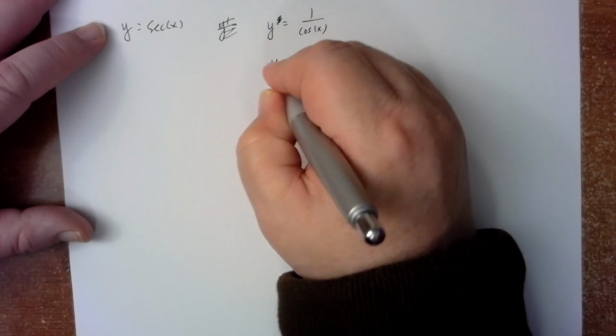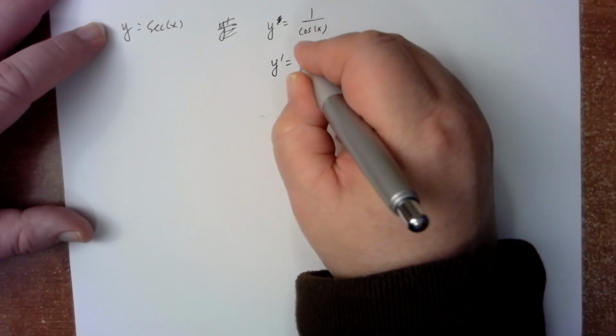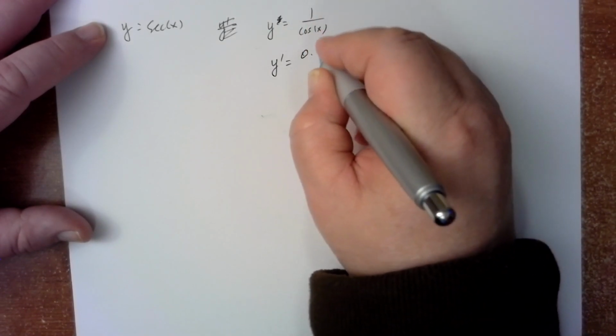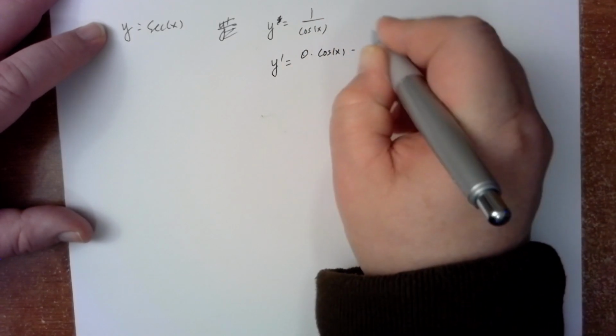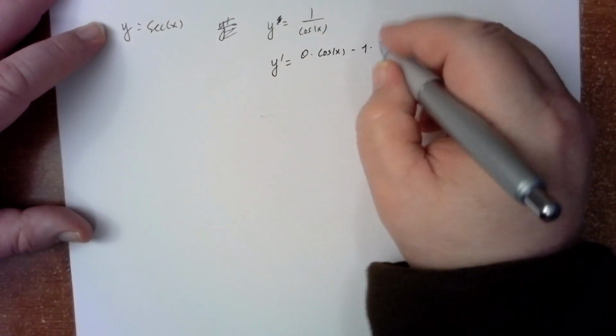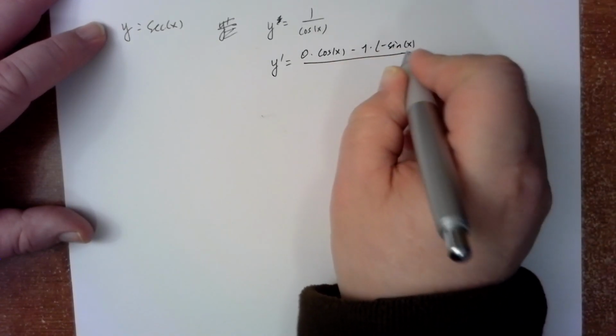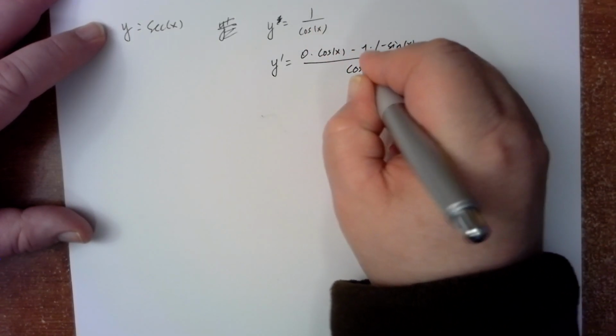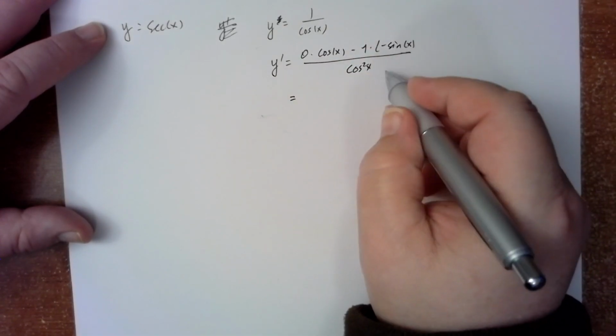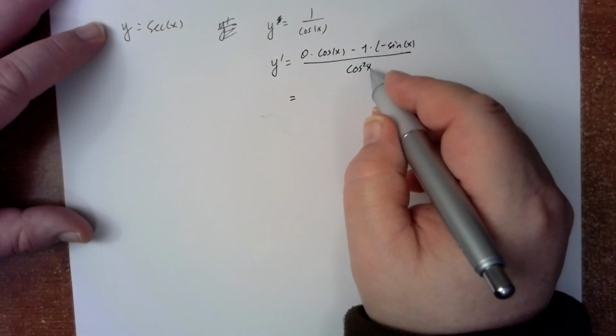And now we can take y prime. Derivative of the top is 0. Bottom function is cosine of x, minus 1 times the derivative of the bottom, which would be minus the sine of x, all divided by cosine squared. Good. And so that gives us sine over cosine squared.